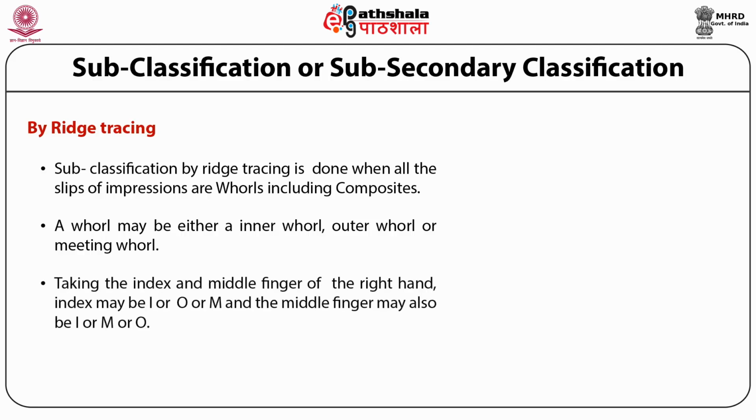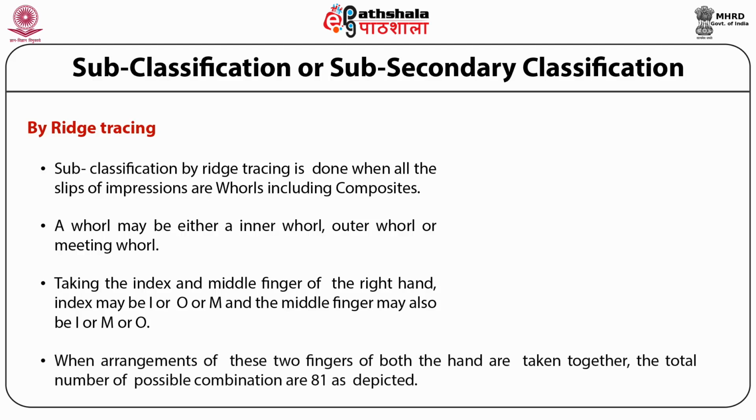Taking the index and middle finger of the right hand, index may be capital I or capital O or capital M, and the middle finger may also be capital I or capital M or capital O. So, the possible combination of the two fingers taken together will be 9.